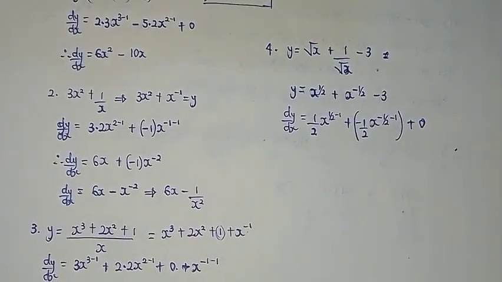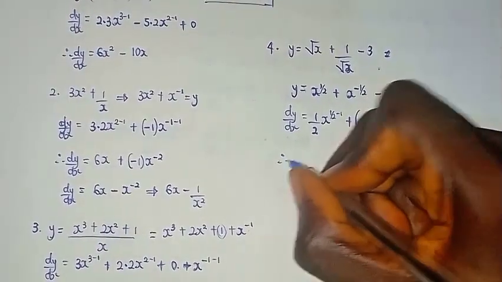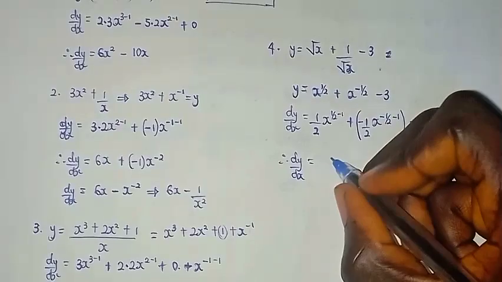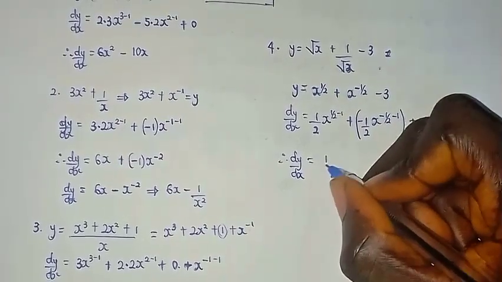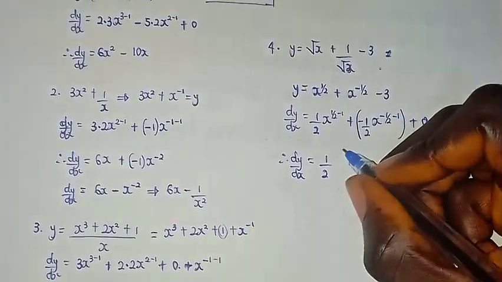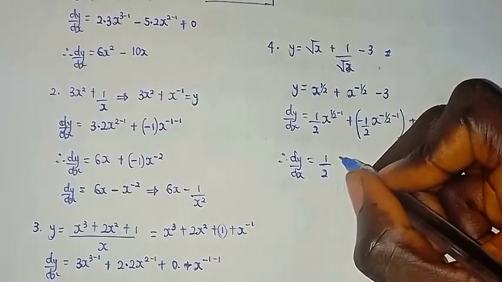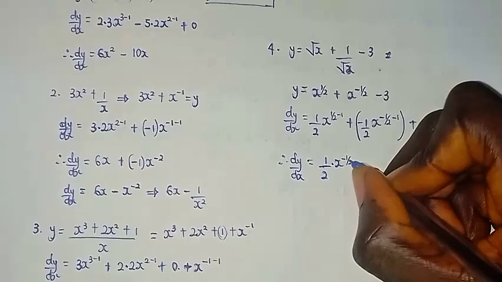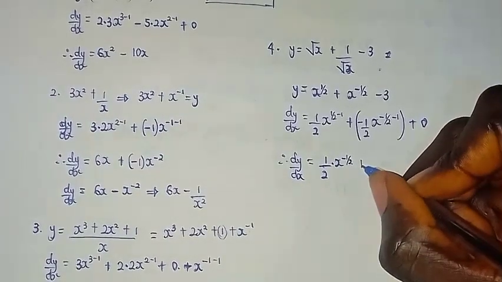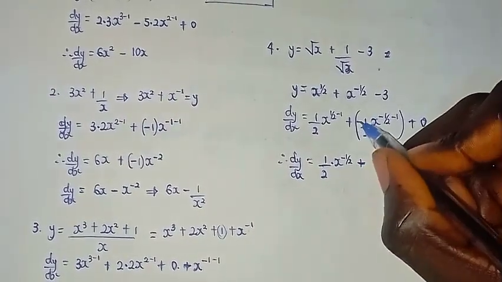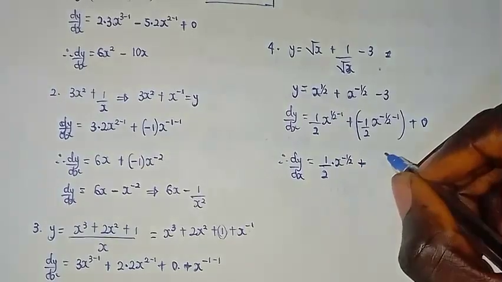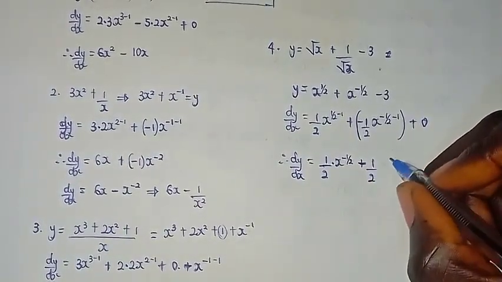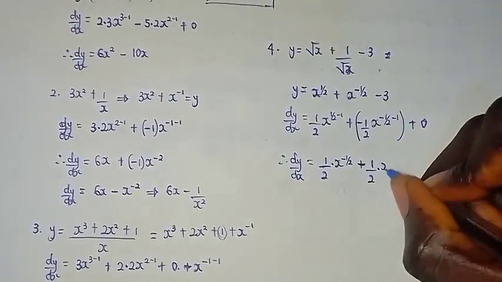So let's simplify this further. Our dy over dx becomes 1 over 2 multiplied by x raised to the power minus 1 over 2. Okay, this is negative because of this negative sign, negative 1 over 2 multiplied by x.